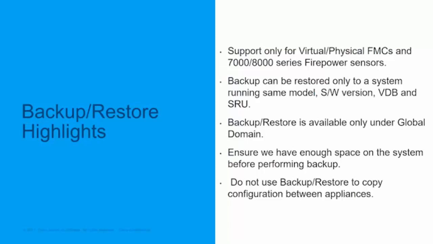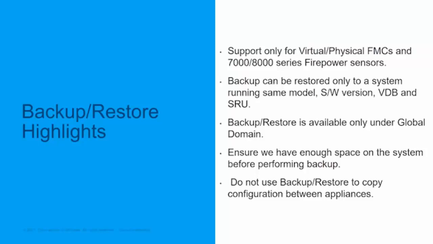We have to ensure that we are running the same system model, system software version, VDB and SRU versions on the device before we perform a restore. The backup and restore option is available only on the global domain, and we need to have enough space available. If not, the backup might fail.